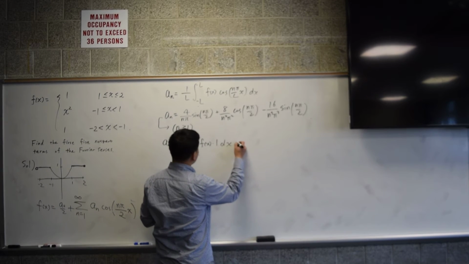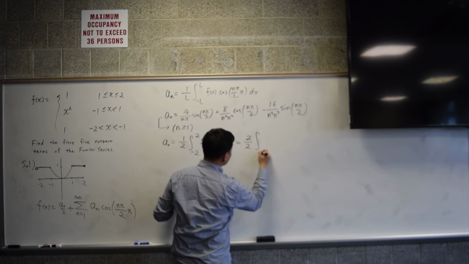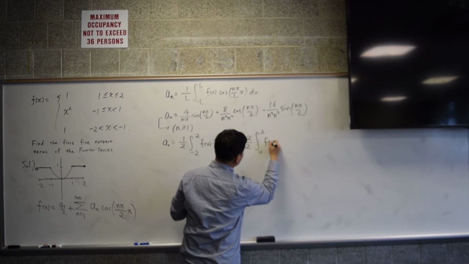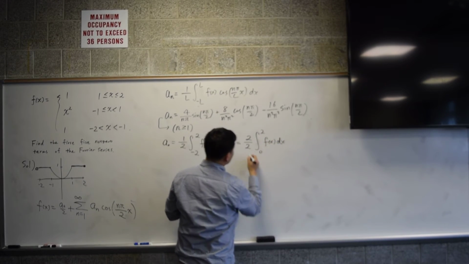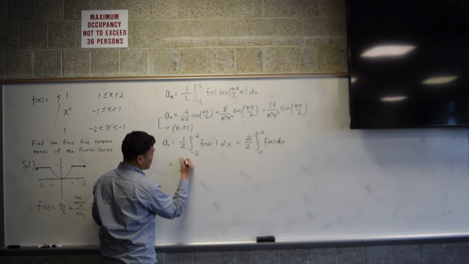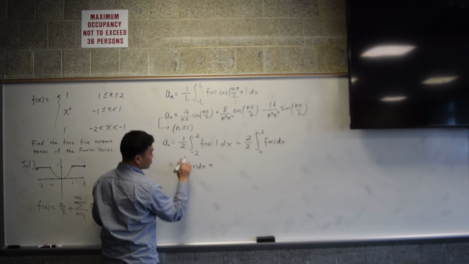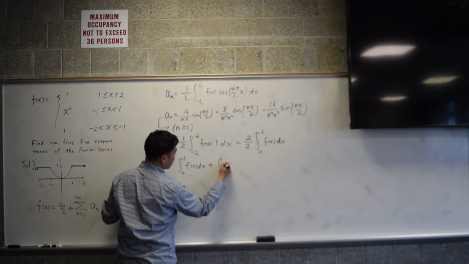All right. Again, you can use the fact that it's an even function. And then the integral from 0 to 2 now has to be split into the integral from 0 to 1 and the integral from 1 to 2.